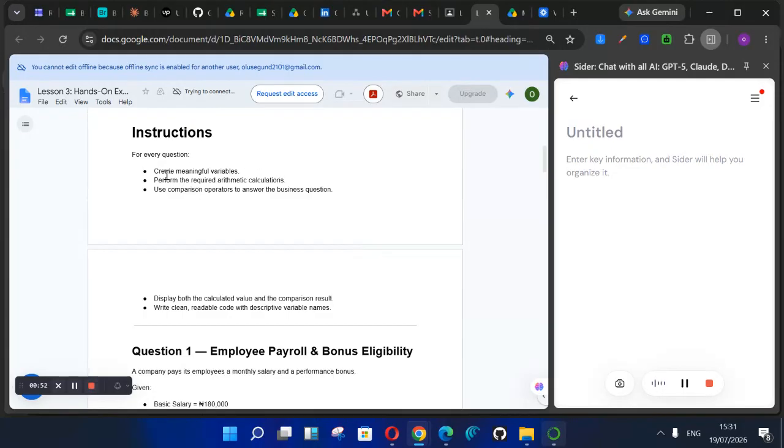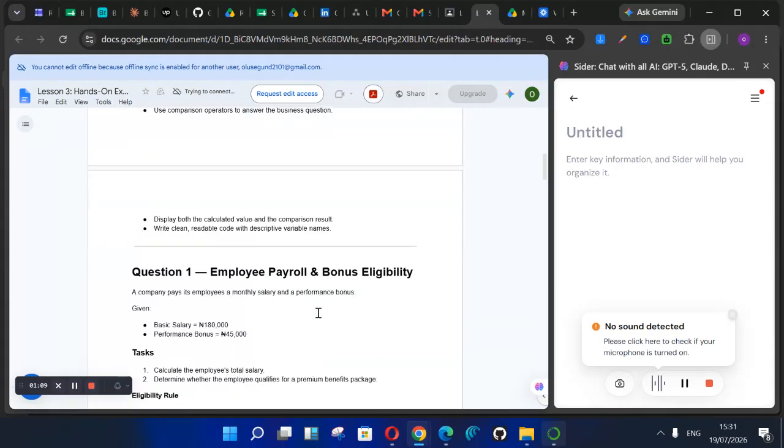We are just going to create meaningful variables, perform the required arithmetic calculations, use comparison operators to answer the business question, display both the value and the comparison results, and write clean, readable code with descriptive variable names. So let's answer this question.